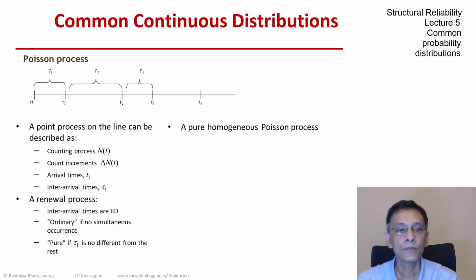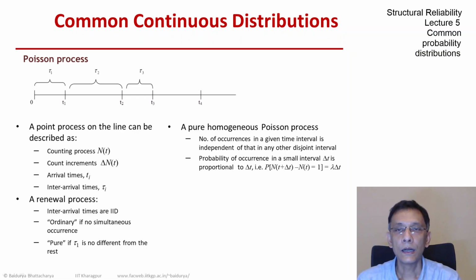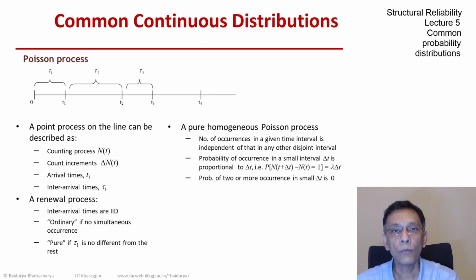And now, a pure homogeneous Poisson process is a special kind of renewal process which has the probability of one occurrence in a small interval delta t equal to a constant times the length of that interval. So it's proportional to the interval length, and there may not be 2 or more occurrences.